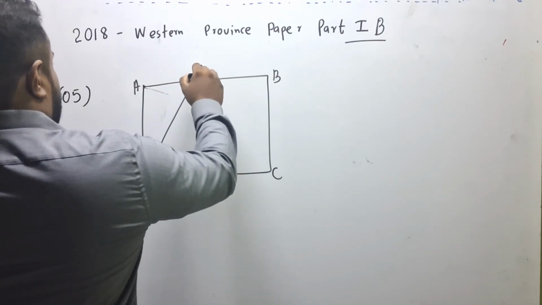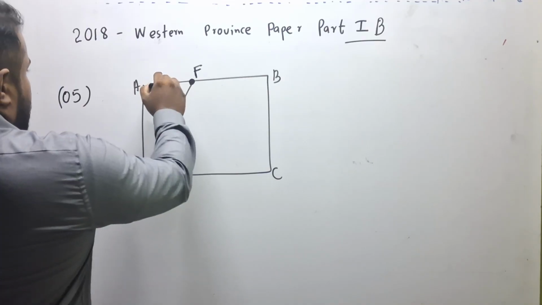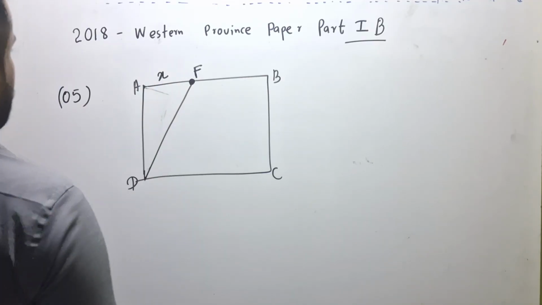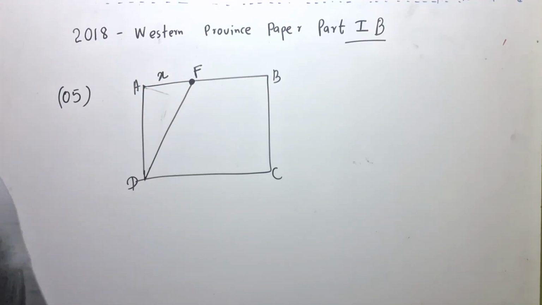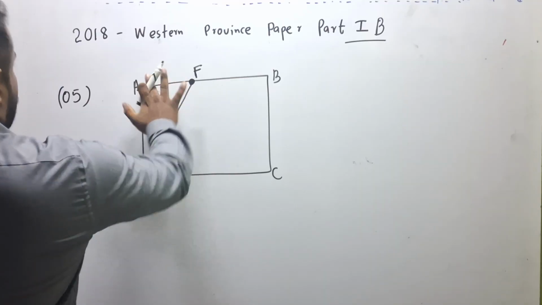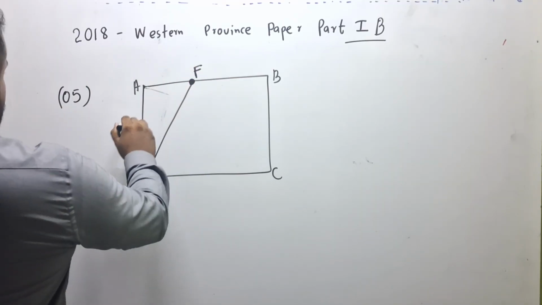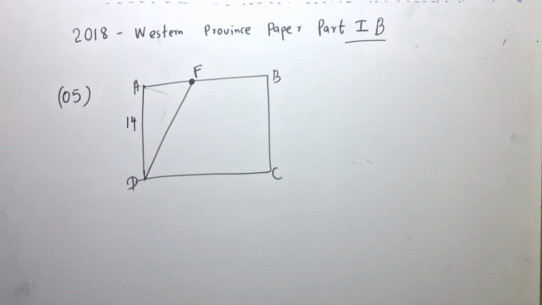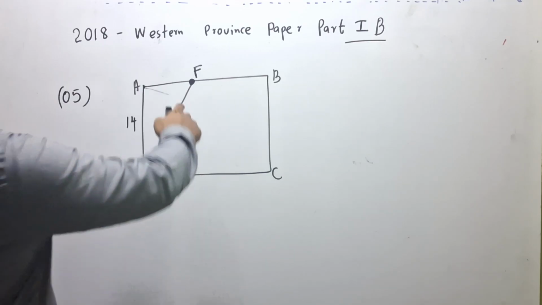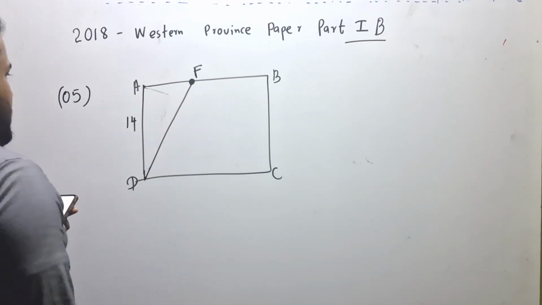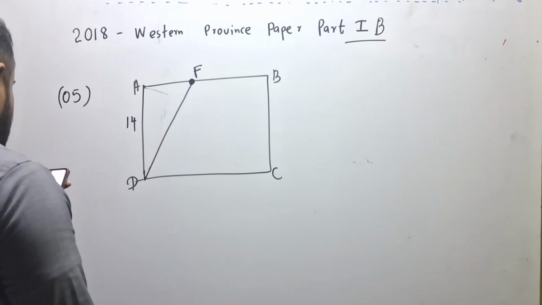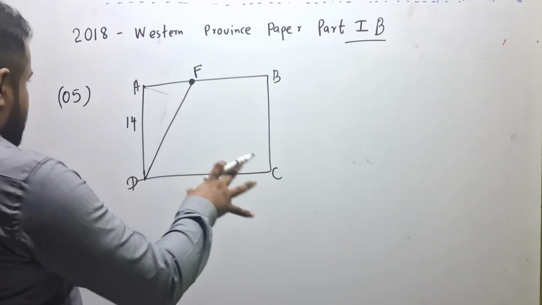This is F. We don't know the length of this AF. You can use AF, don't need to put X. And this is 14. They are asking to draw the sketch of the newly obtained lamina. So you have to put F here, and in the fifth question they are asking for the AF length.